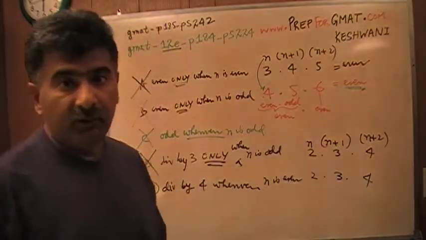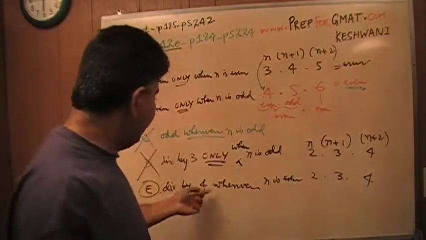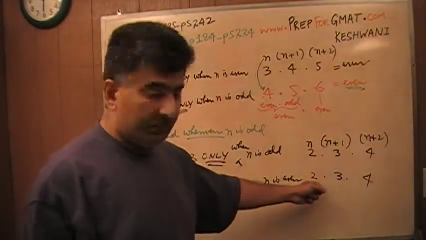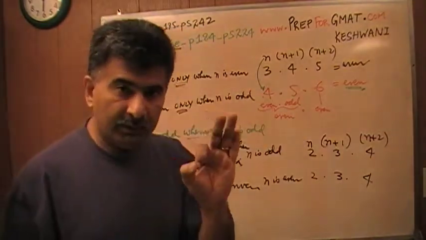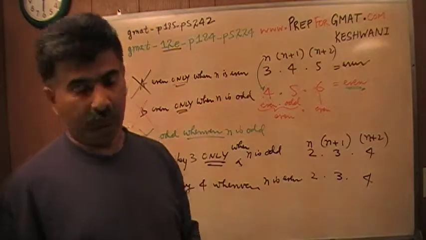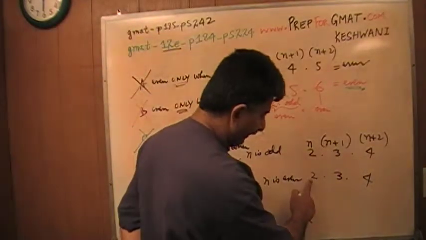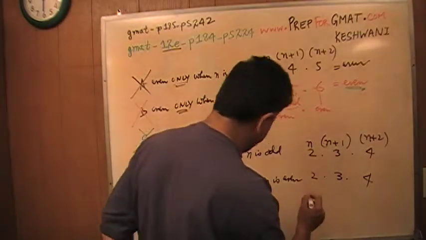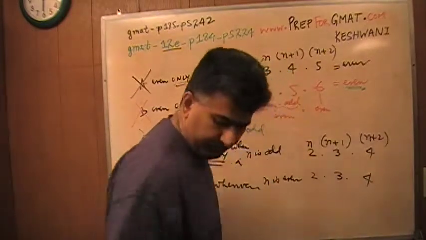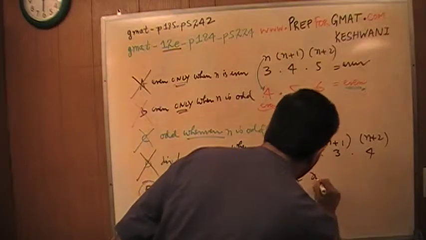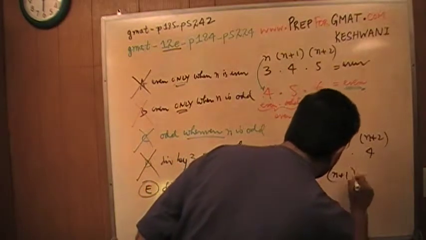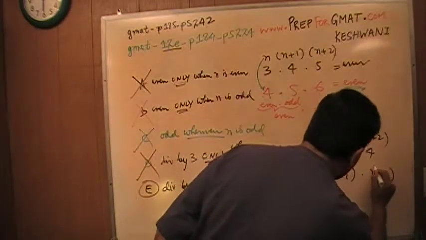Of course, this quantity is going to be divisible by 4 because if n is even, then this quantity is even and that quantity is even. And an even times an even number times an even number will always go into 4. This is even, and then n plus 2 is even. Let me rewrite here: n times n plus 1 times n plus 2.